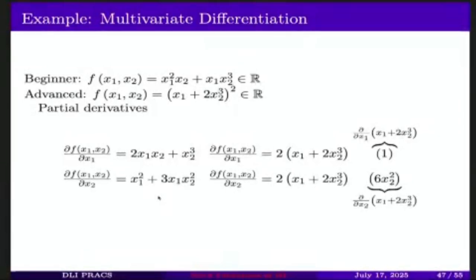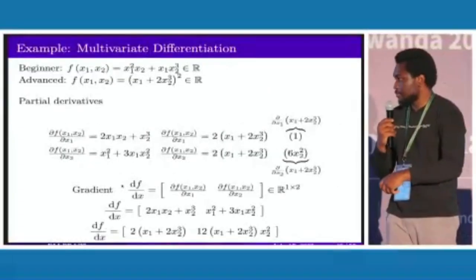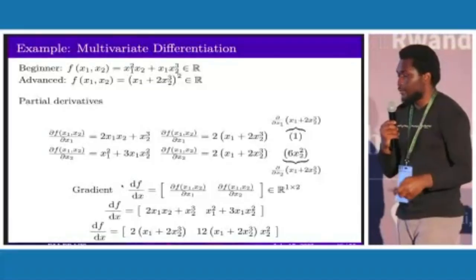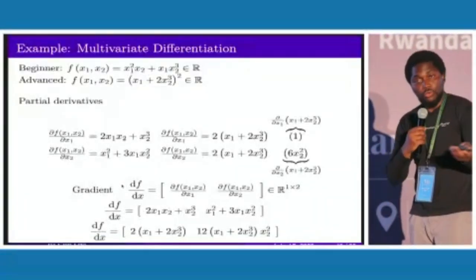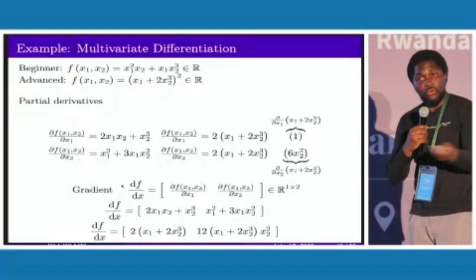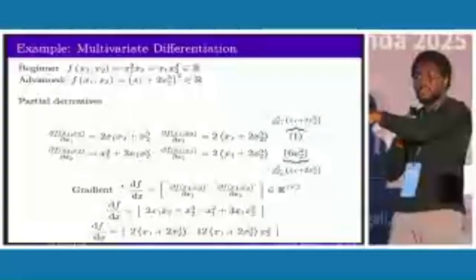So now we have the derivative of f with respect to x1. We know how f changes if I change x1 a bit, and we know how f changes if I change x2 a bit. That gives us the Jacobian. The Jacobian of f at x is a row vector that says how f changes when I change each of my variables.